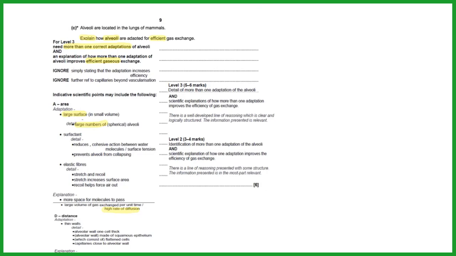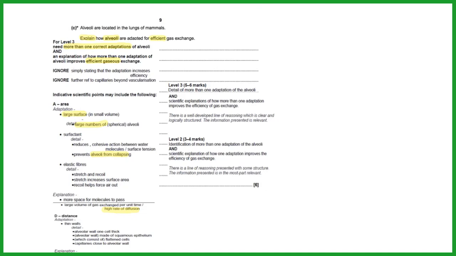It's got a surfactant, so you secrete a glycoprotein which reduces the surface tension between the water molecules, meaning that you've got a moist surface to the alveoli, and that reduces the cohesion between the water molecules, and that prevents the alveoli from collapsing.